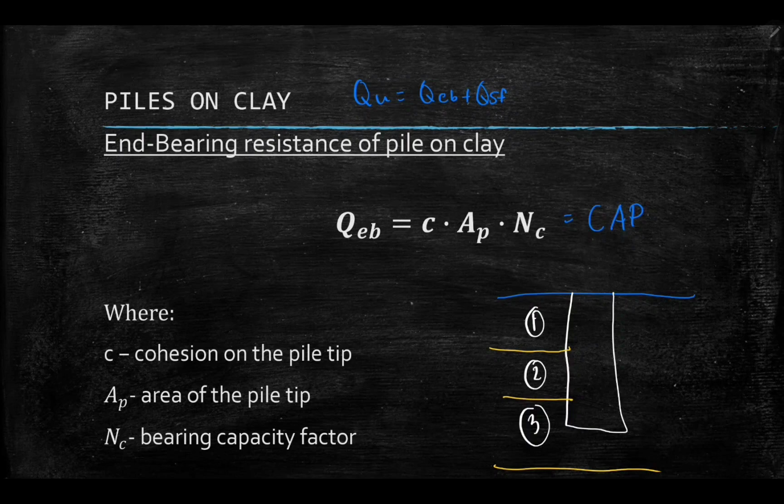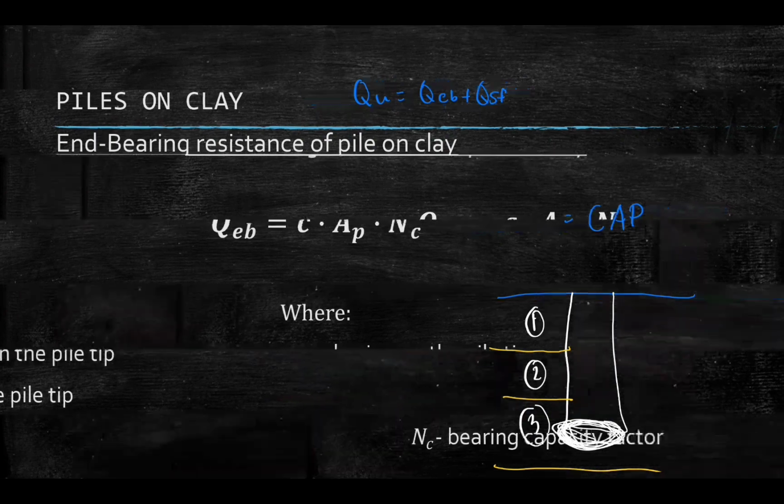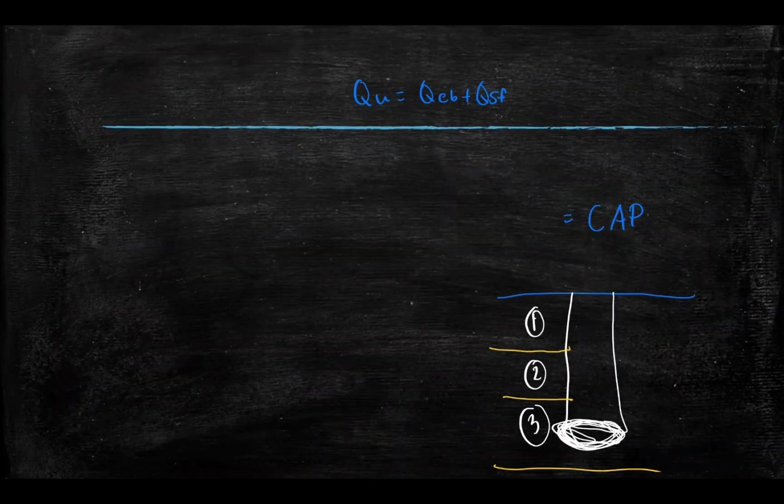Ang kukunin natin ng cohesion dyan for our end bearing resistance of pile on clay is our cohesion sa layer ng kung saan nakapatong yung ating pile tip. Kapag nandito yung ating pile tip sa soil layer 3, so yung cohesion ng soil layer 3 ang ating gagamitin for solving our end bearing resistance of pile on clay.